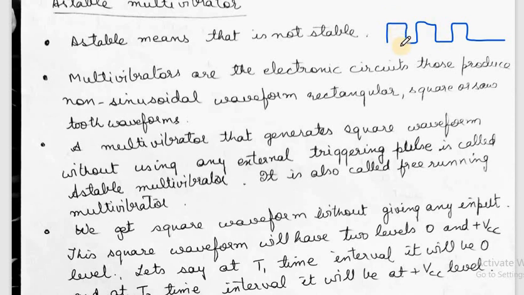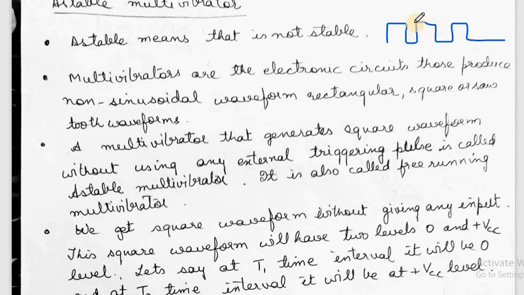So in a square waveform we have two levels, 0 and plus VCC, and for a certain time this level stays, and after a certain time it instantly switches and we get the other level or state.